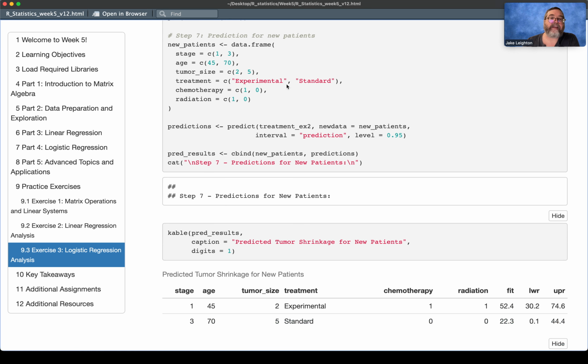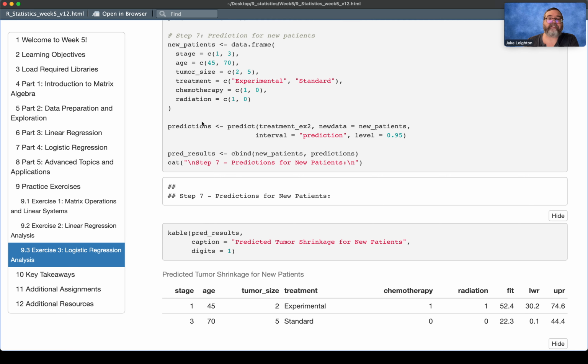We basically just made new patients. They have stage, age, tumor size, the same things the original patients have. And we're going to use predict with our full treatment model, put in the new patients, and predict to a level of accuracy of 0.95, right?